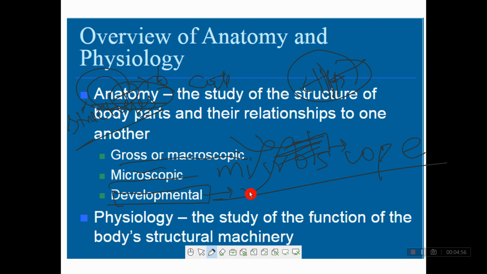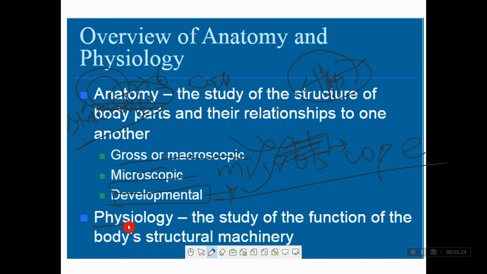Some organs are developed, the embryo attaches to the uterus, then develops into a fetus, and it undergoes several changes throughout the gestation period. So this kind of anatomy is called developmental anatomy, in which we study the growth and development that a person undergoes throughout life.